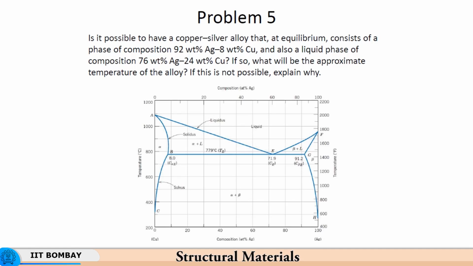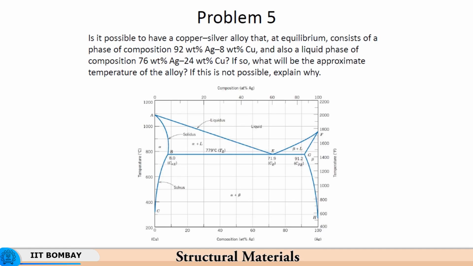and also a liquid phase of composition 76% silver and 24% copper. So a liquid phase of 76 weight% silver and 24% copper. If so, what will be the approximate temperature of the alloy? At what temperature? For instance, if you take this region beta plus liquid, we are talking about beta corresponding to this chemical composition.